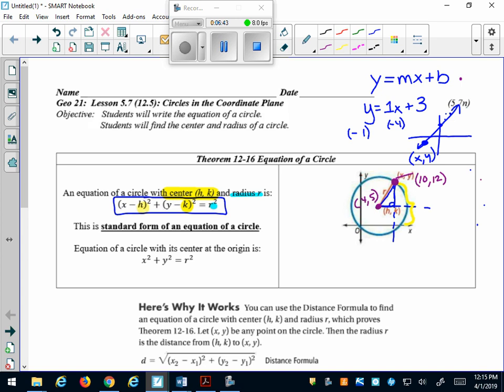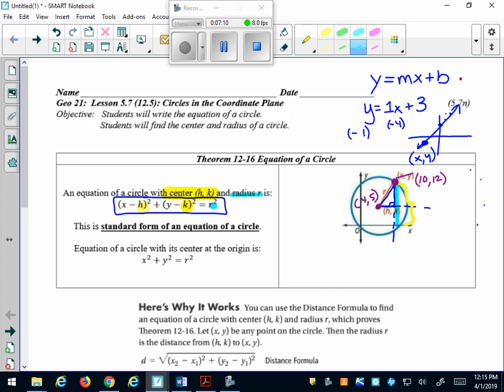So, what's that distance? If this is the point (10, 12), how far up is that point? Think about how you plot that point. You have to go over and up.